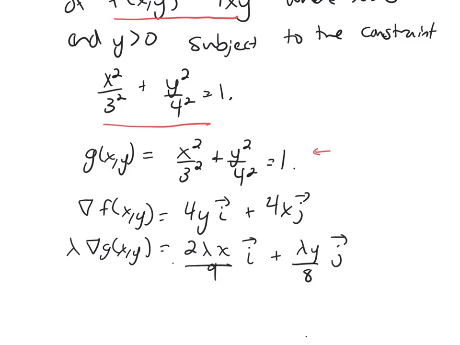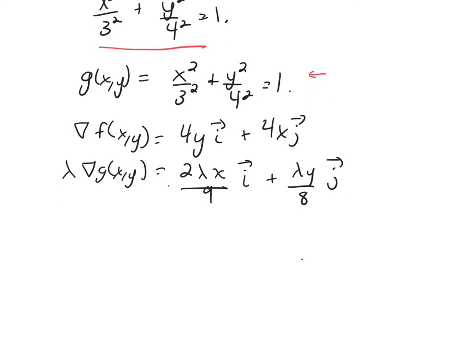So now let's write out our system of equations here that we need to solve. You're going to set the i components equal. So your first equation will be 4y equals 2 lambda x over 9. Set your j components equal.